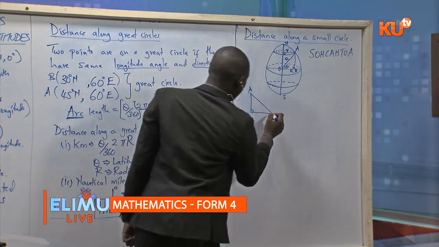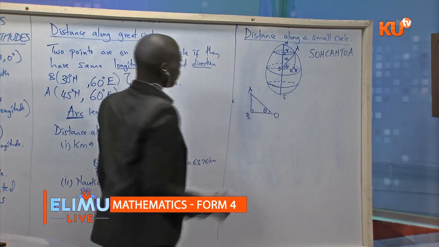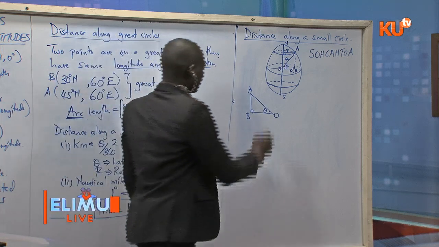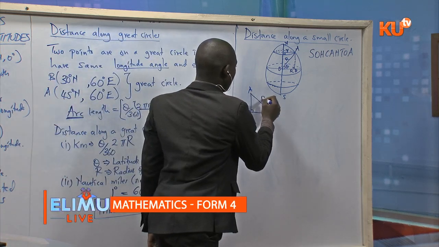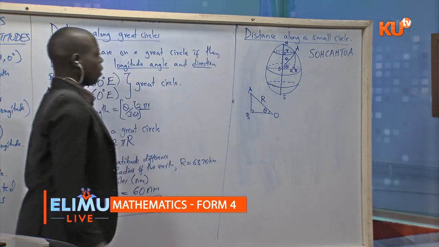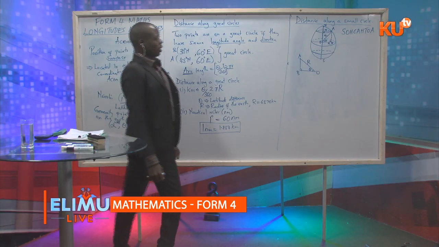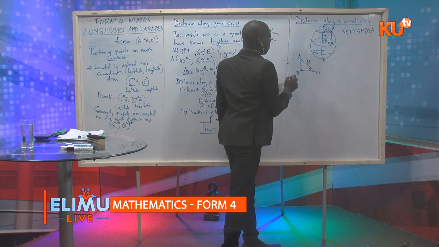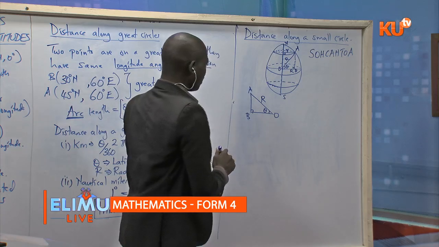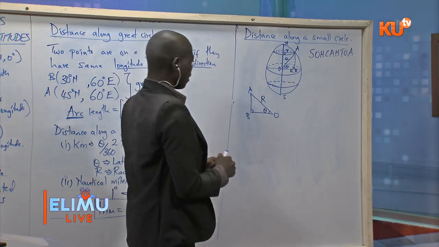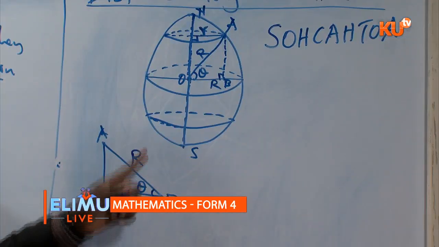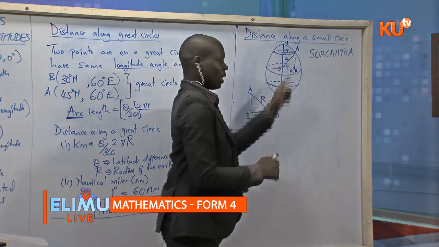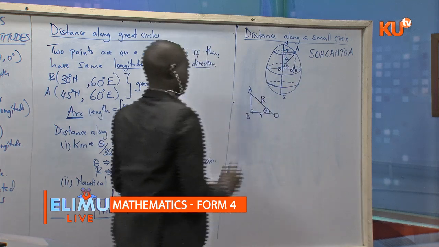And at O, we have the angle theta. So this AO is our radius. And so we will be able to see that AB becomes the opposite side to the angle theta. BO is the adjacent side, which is small r.